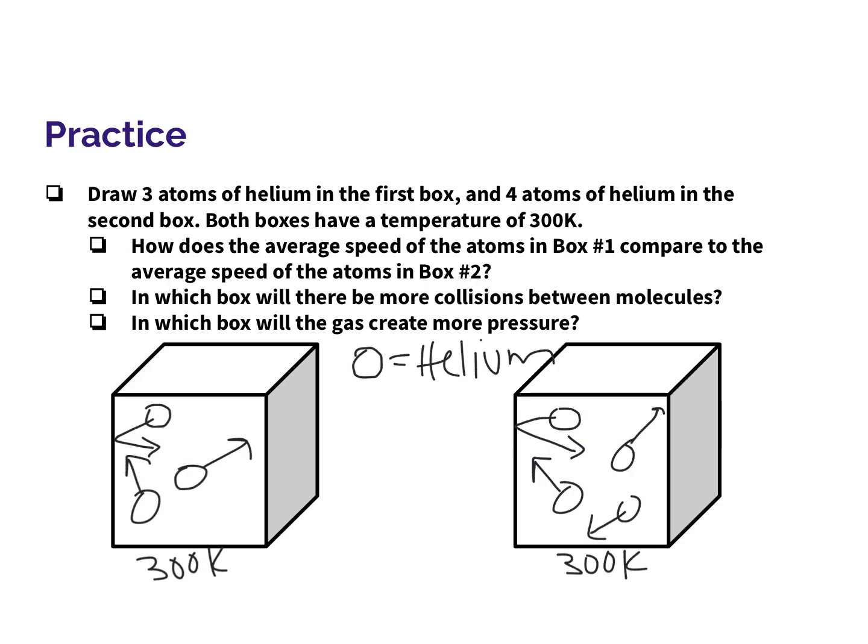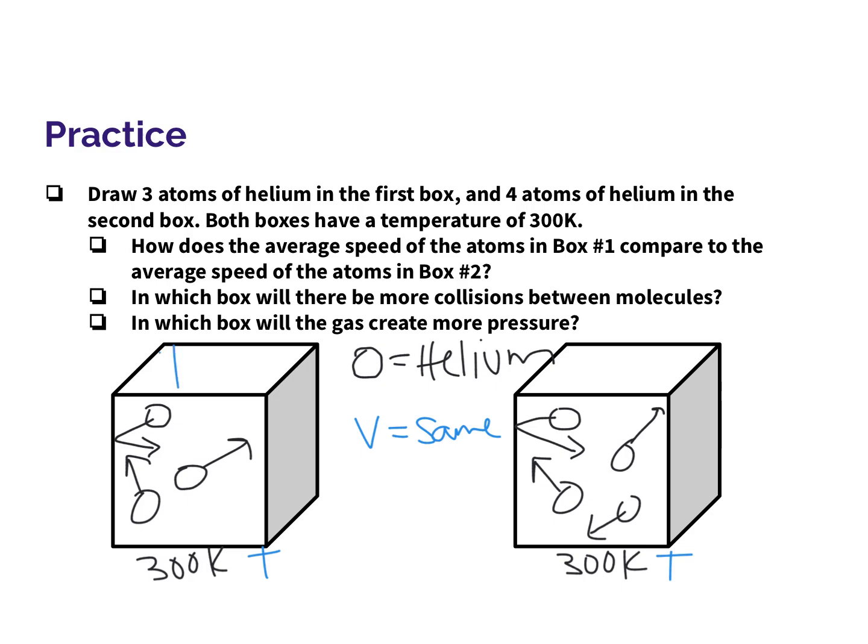Now we're going to look at these questions. It says, which box would there be more collisions between molecules? Well, let's look at it. Our temperature is the same. So that's not going to create any more or any less collisions. Our volume is the same in each, so that's not going to determine a greater pressure in either box.